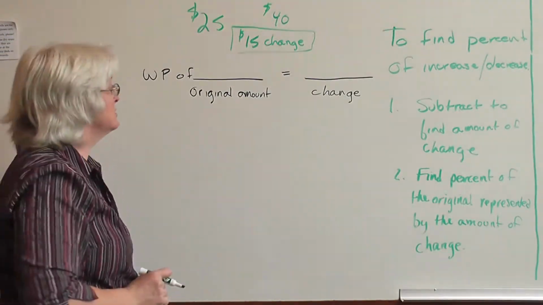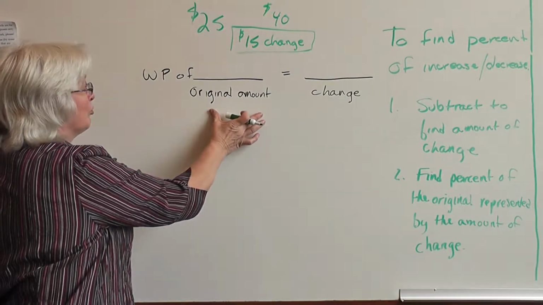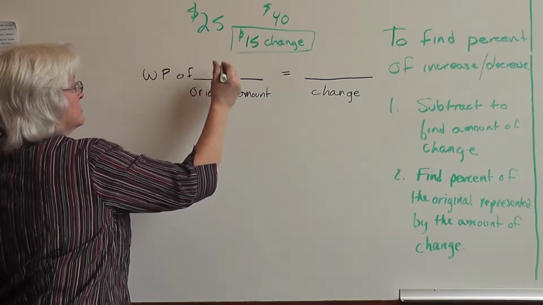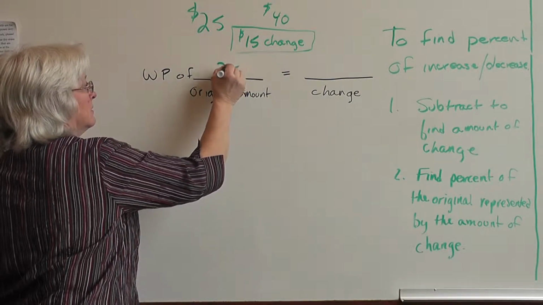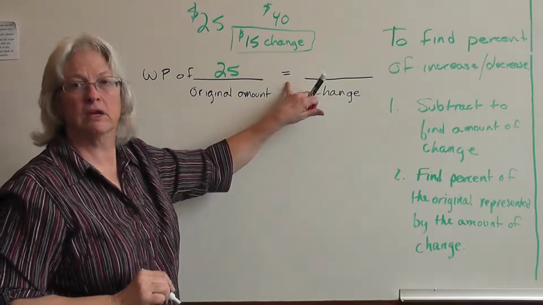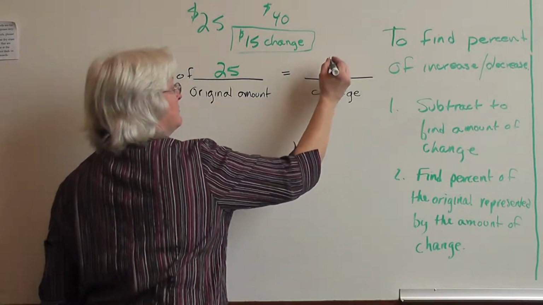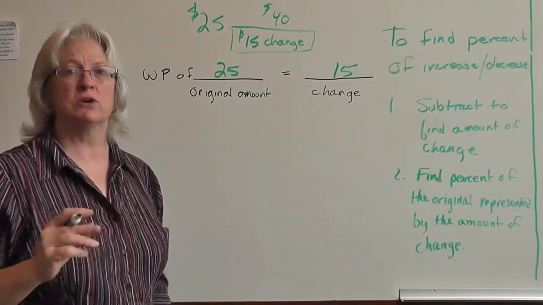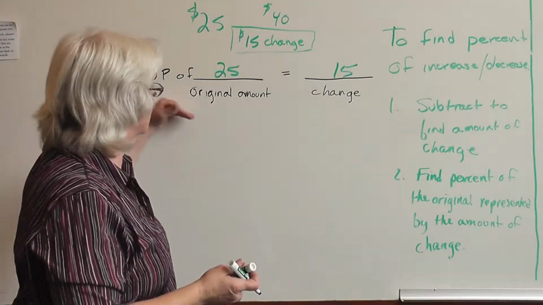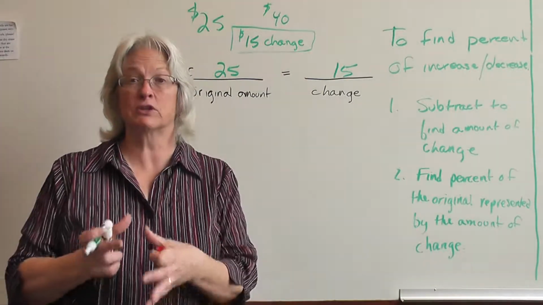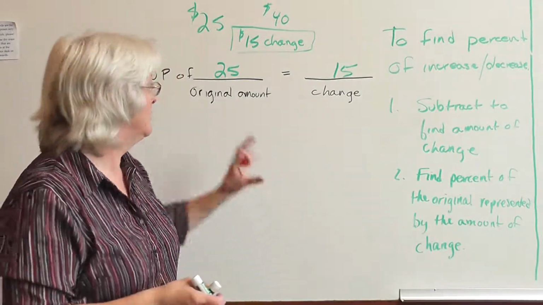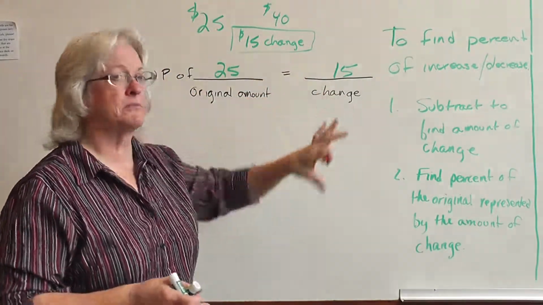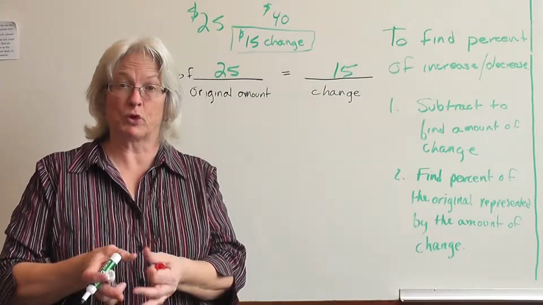WP, what percentage of the original amount? The original amount was 25, equals the change, which was a $15 change. Now what your book shows you is writing it out just like this. They're illustrating how you take it from words into an algebraic sentence.